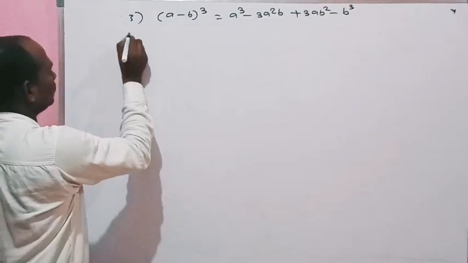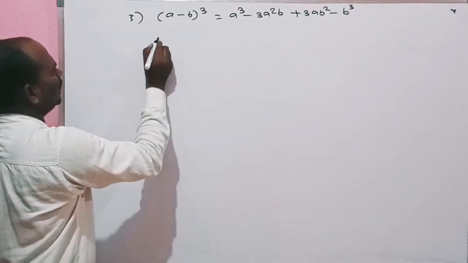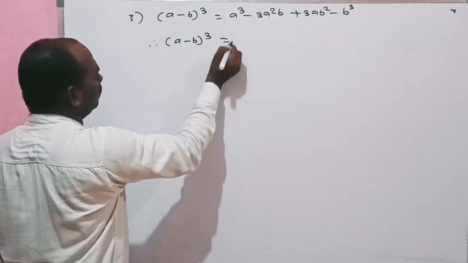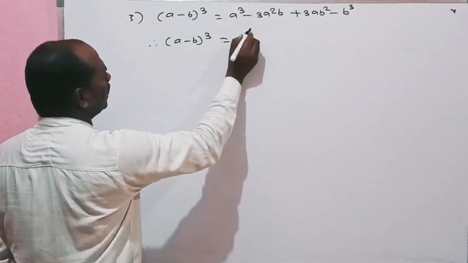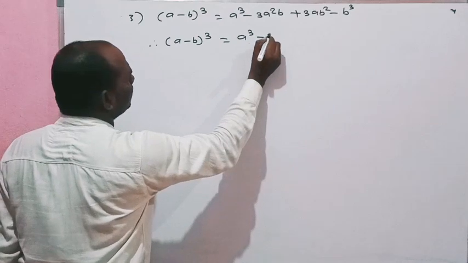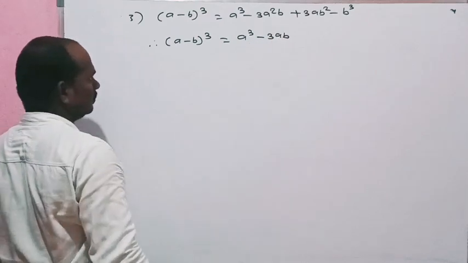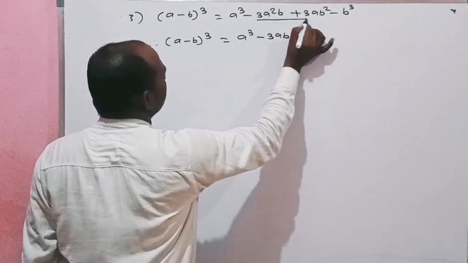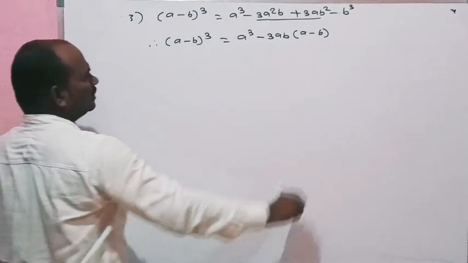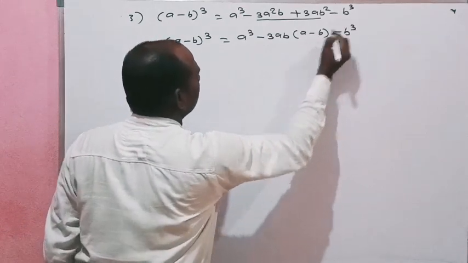Therefore a minus b its cube is equal to, first we can write, a cube minus 3ab common, bracket a minus b, and minus b cube.